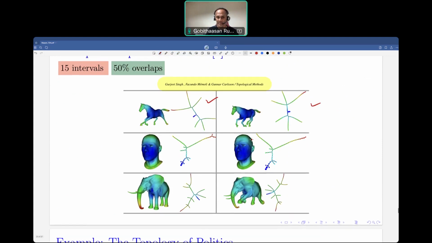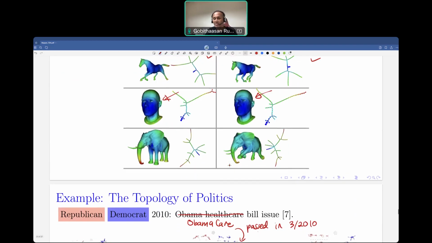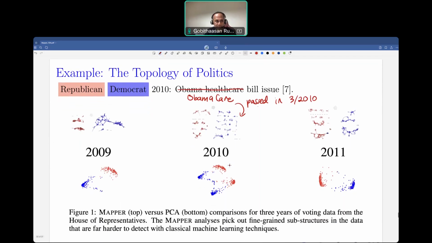The graph has a similar pattern. So with the human, this guy here is showing an upset face, whereas with the normal face, again the shape stays the same, right? And of course, the last one here, an elephant, a different movement. Again, the shape is the same. In fact, that is what we want, right? Another example here, the topology of politics.